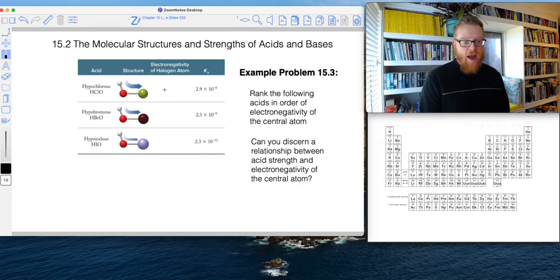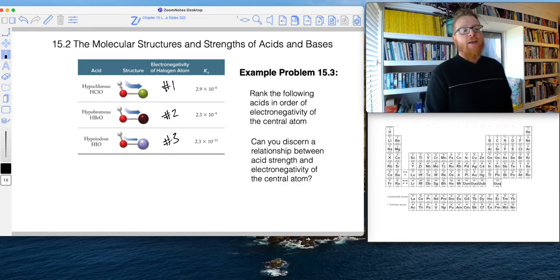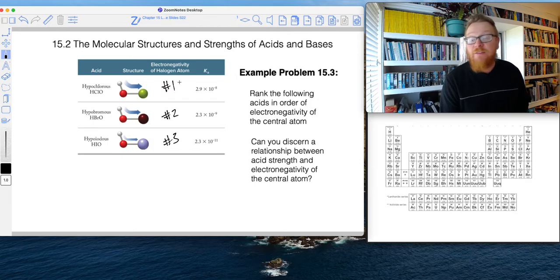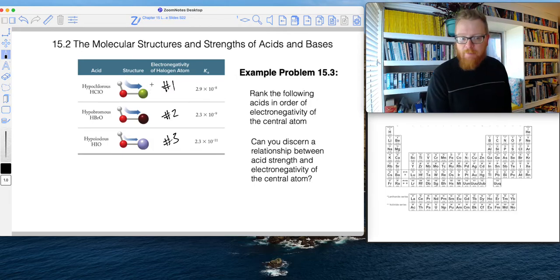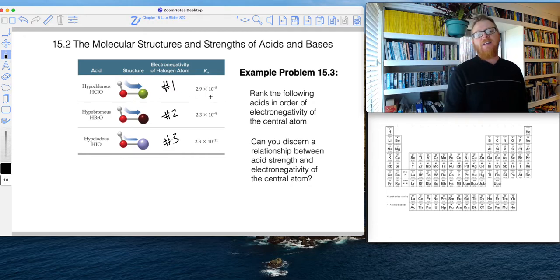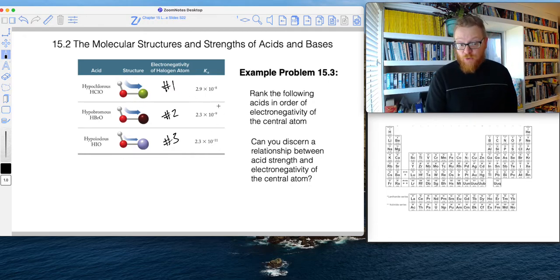So we'll say number 1 is most electronegative, second most electronegative, third most electronegative. And you can see here the most electronegative element is pulling electrons out of that bond and correspondingly has, of these three, the largest Ka value.